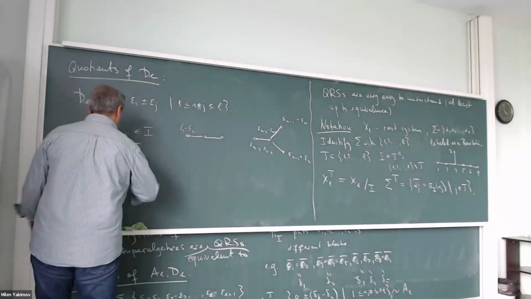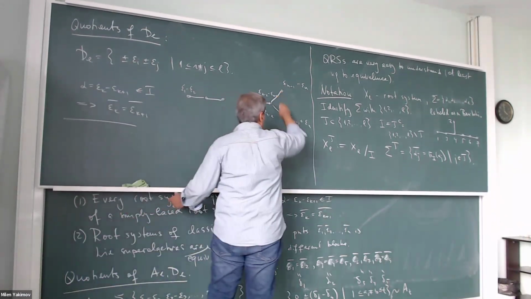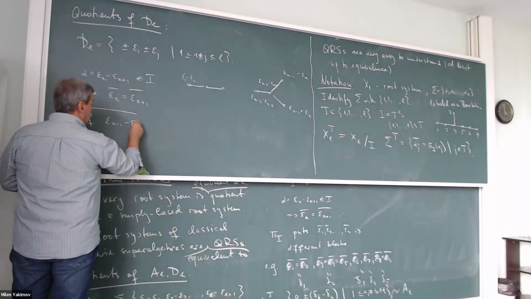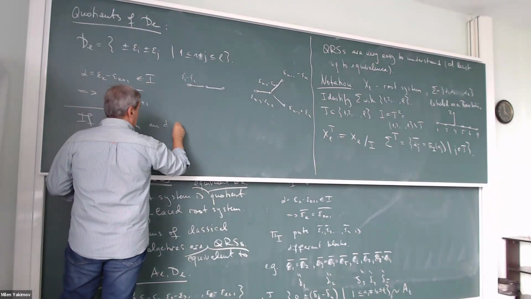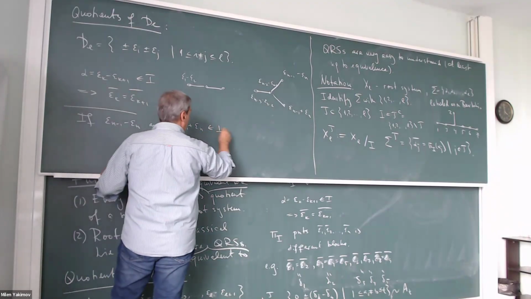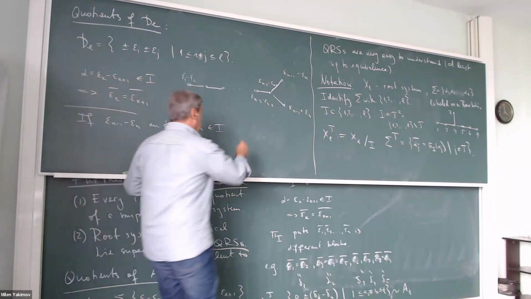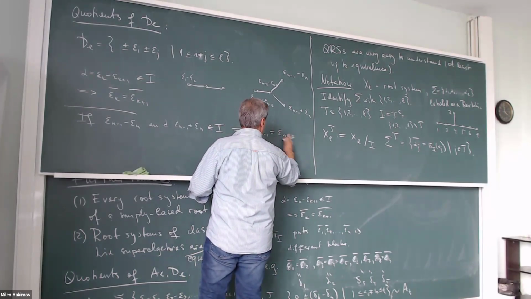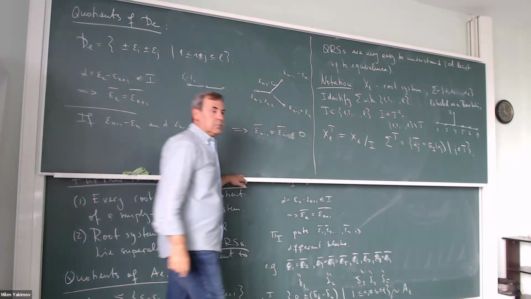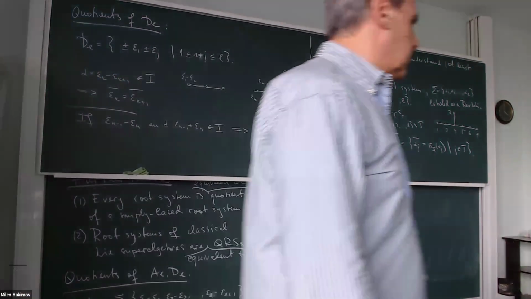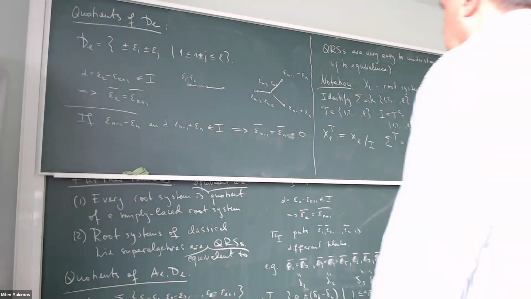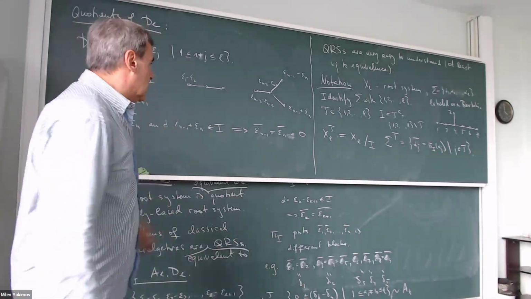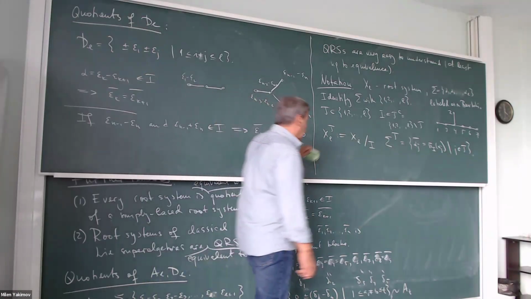If I have both end roots in I, if epsilon n minus 1 minus epsilon n and epsilon n minus 1 plus epsilon n belong to I, this would imply that epsilon n minus 1 bar equals epsilon n bar equals 0. So I have to actually consider two possible cases.